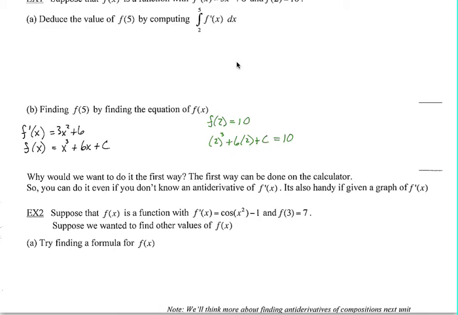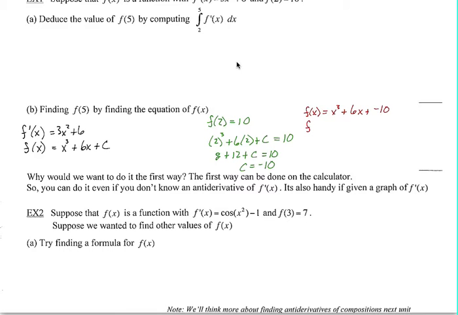If I solve this, I get 8 plus 12 plus some c is equal to 10, and we find out that c must be equal to negative 10. Then we now know what f of x is: f of x is equal to x cubed plus 6x minus 10.